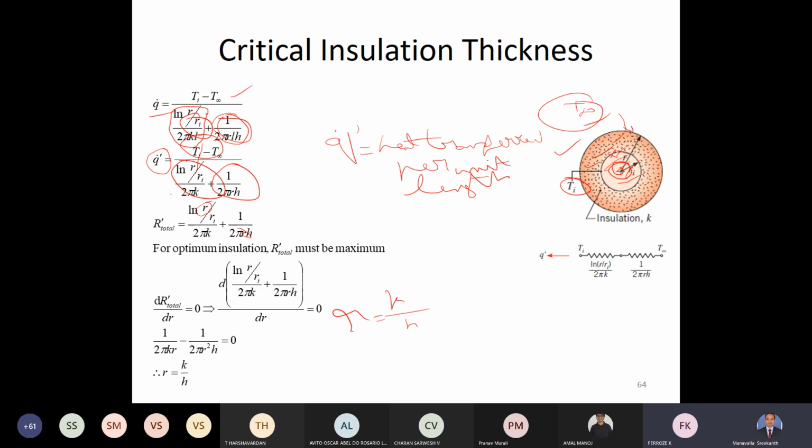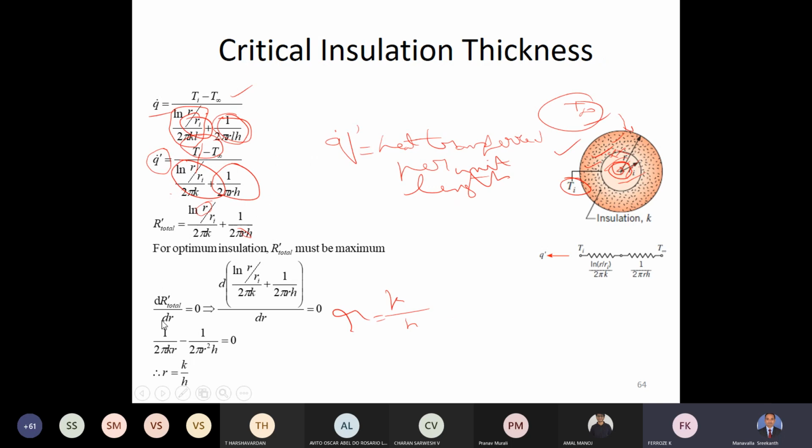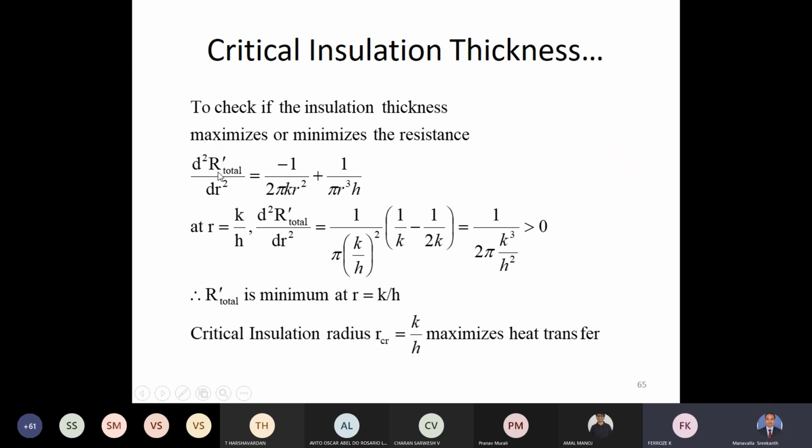Okay, so k by h is the value of r we have to choose. Now we have to find out whether this will increase or decrease the resistance. So will it maximize or minimize the resistance? That is something we need to check. To check whether the insulation thickness is maximizing or minimizing, we differentiate once again with respect to r. So d square R by dr square is what we evaluate.